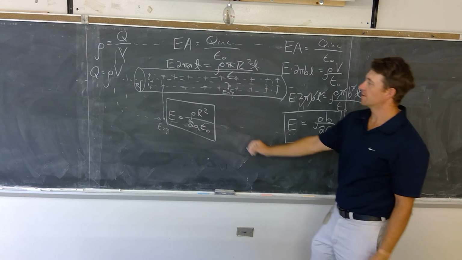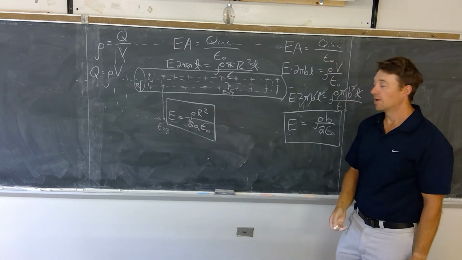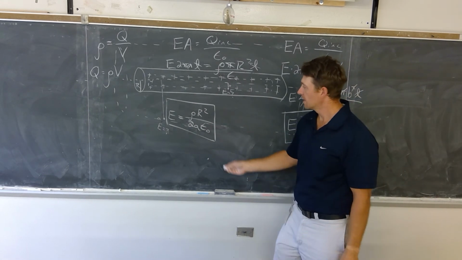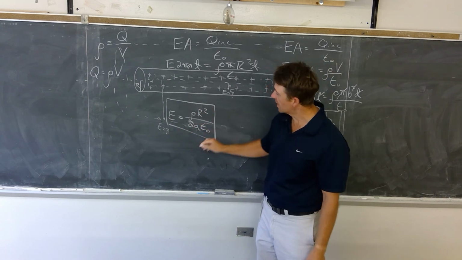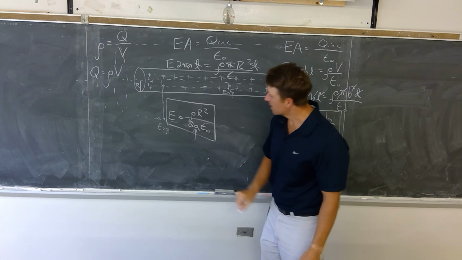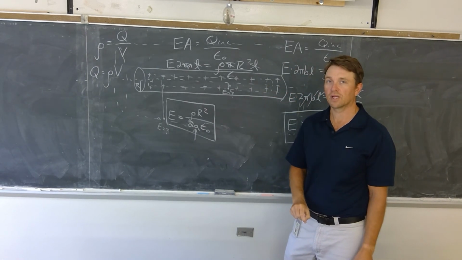Quite a bit different than when we are outside. When we are outside, the one variable that's changing here that could potentially change outside is this, the distance we are away from the object.